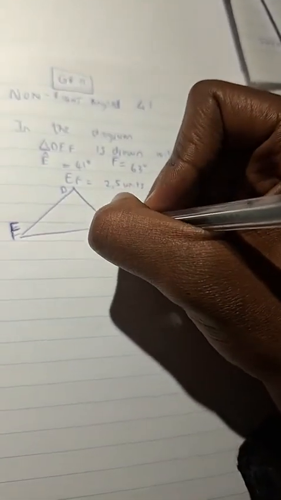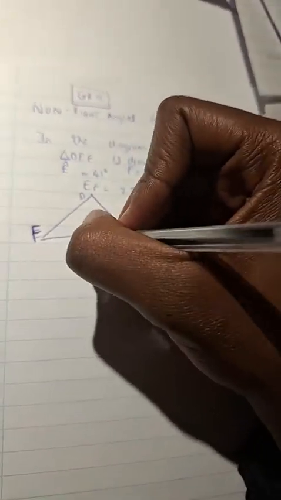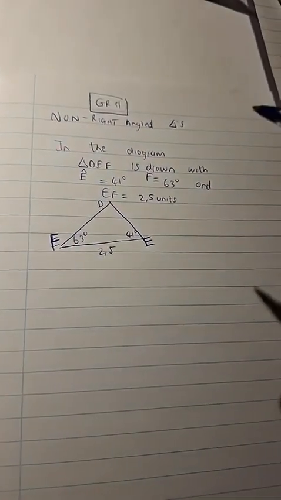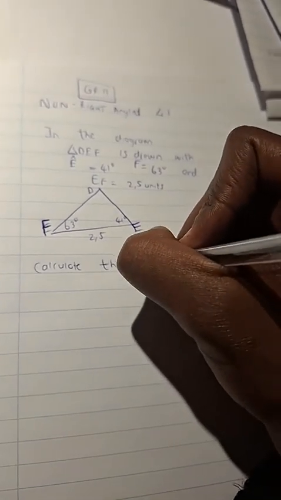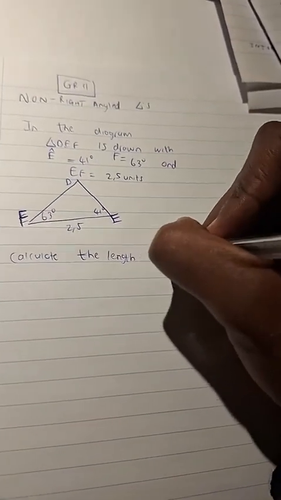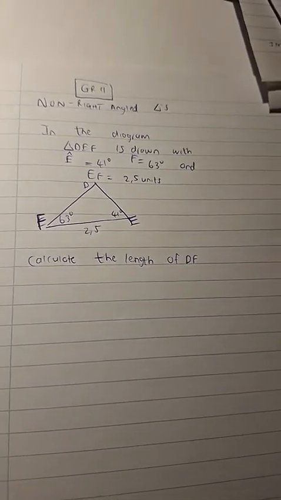This is your diagram that you have there. That's D, that's F, sorry, and then E is here. 41 degrees is there, 2,5 is there, 63 degrees is there, and we are required now to calculate the length of DF.